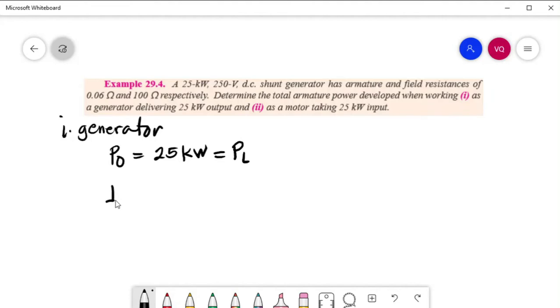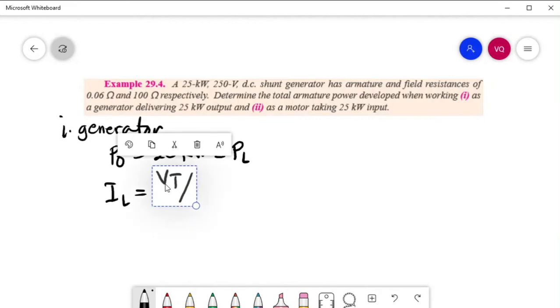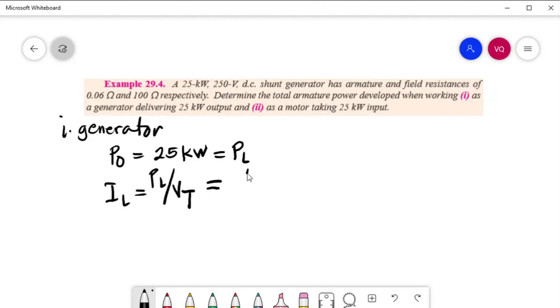We can solve here IL, which is equal to PL divided by the terminal voltage, equal to 25 kilowatts divided by 250 volts. So our IL is 100 amperes.